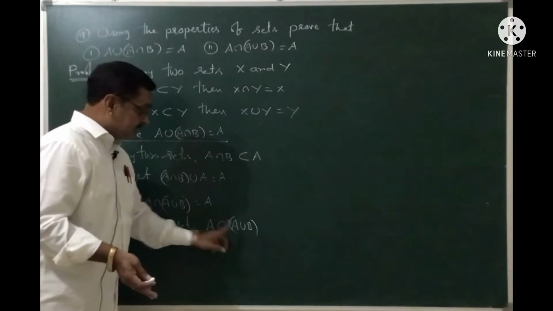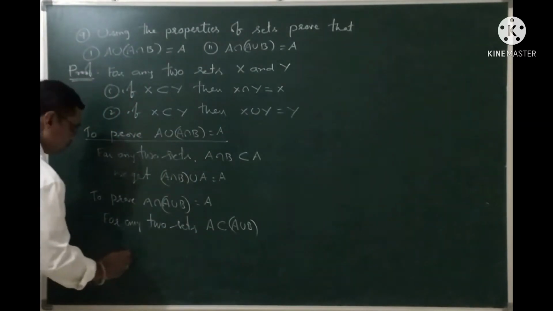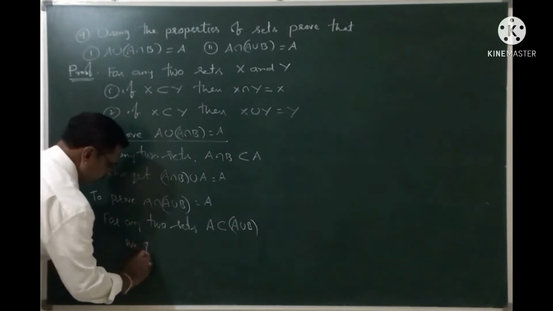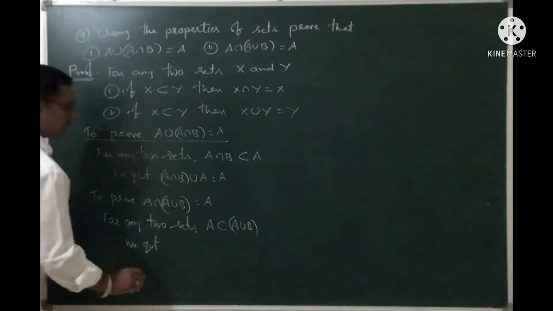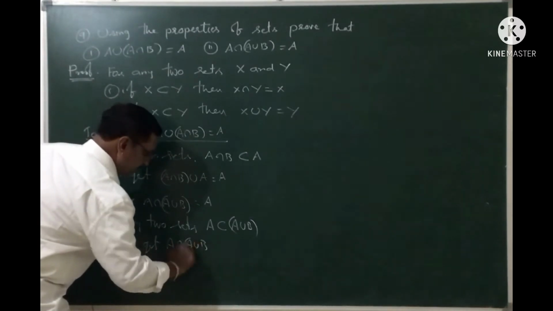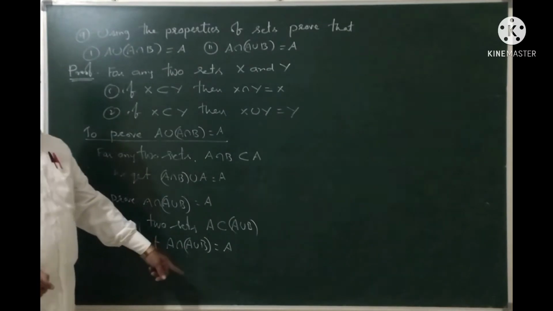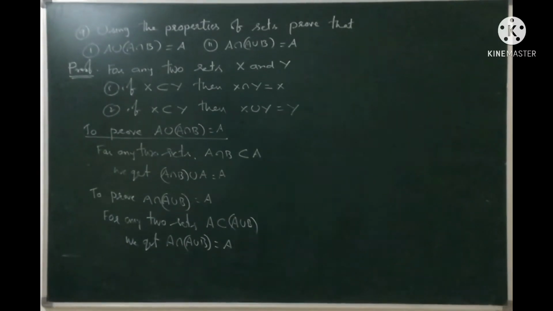If I find their intersection, I get the smaller set, I get A. Then we get A intersection A union B is equal to A. See how simple it is.